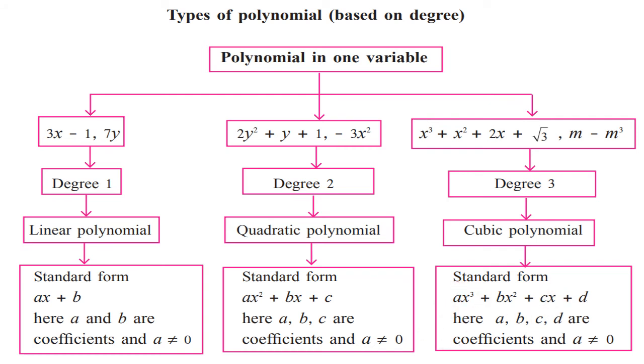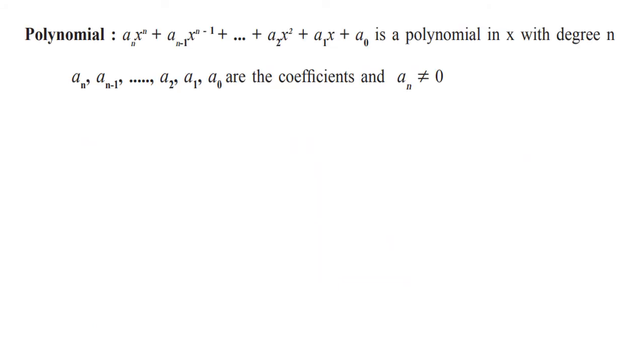Okay. Now, let us go ahead. From this, we can define the polynomial as this. A polynomial is an algebraic expression which is a_n x raised to n, a_(n minus 1) x raised to n minus 1, plus dot dot dot.